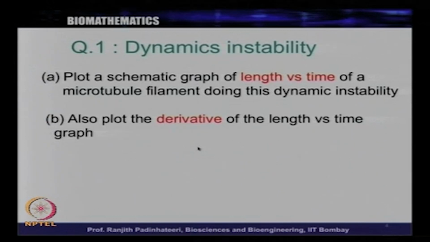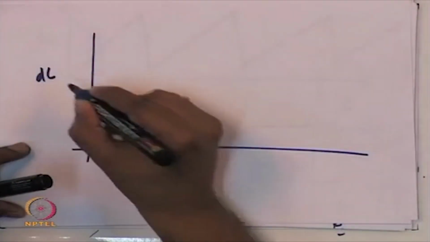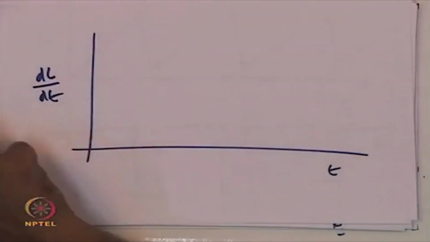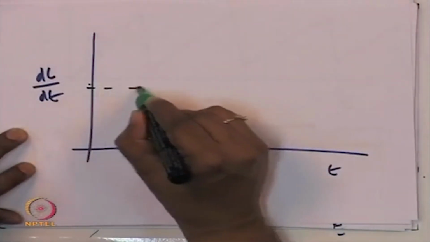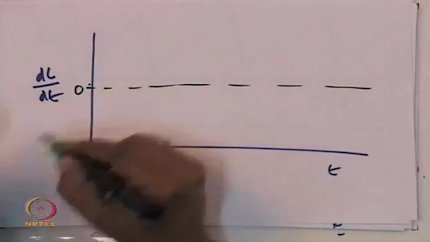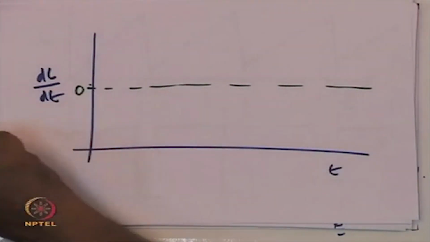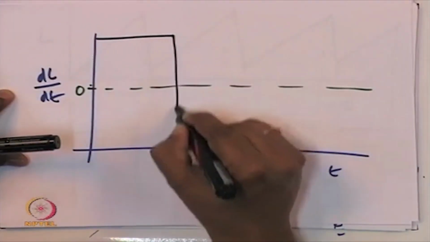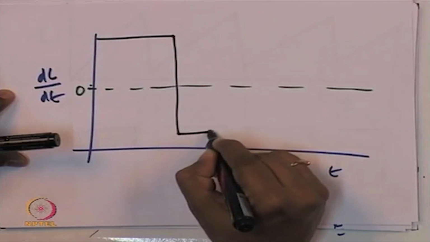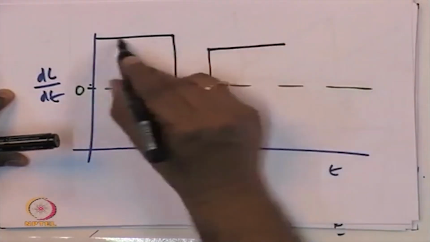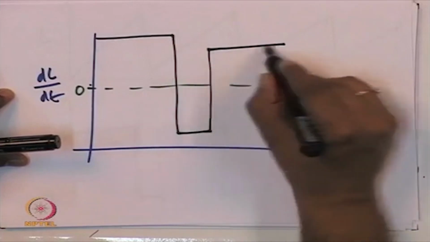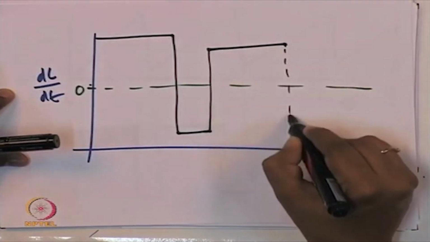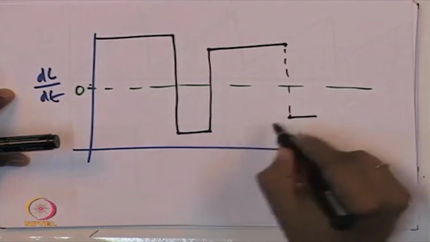Let us say dl by dt versus t, and this is your 0 line, and you could also get values that go to different values. So, this growth value here is different, here the speed of growth is different, and this is different from this.